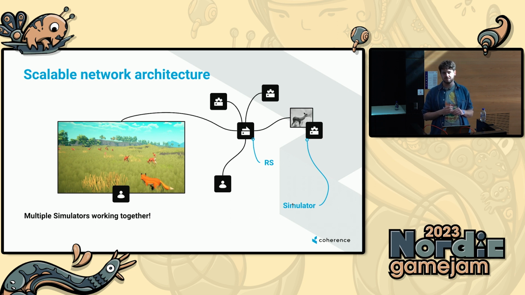When you talk about server controlled in Coherence, we're talking about this thing, the simulator. But at the core of it, there's always this replication server, which is our relay that connects all the nodes. So these two clients here are connected to the replication server, and so are the different simulators. And in this demo that I can show you later, the deer are actually run on the simulators, and they can move from simulator to simulator because this demo is about a big world. So this world is actually being handled by different simulators.